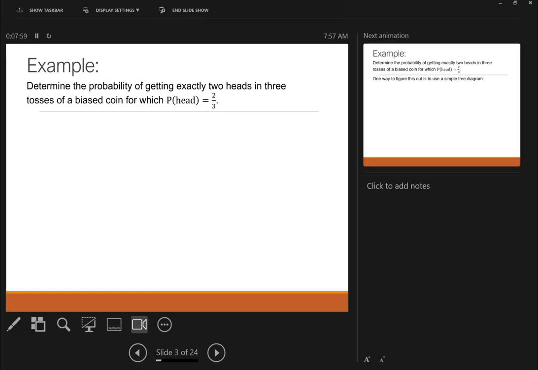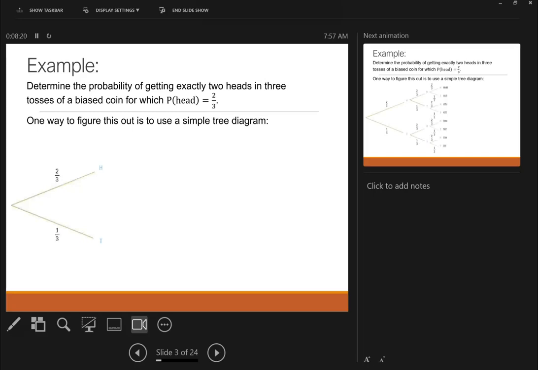So the way we would have done this prior to today is we would have built a tree diagram, right? So one branching for our first toss could come up as heads or tails. The probability of getting heads, we're told, is 2/3, and that means the tails is 1/3.